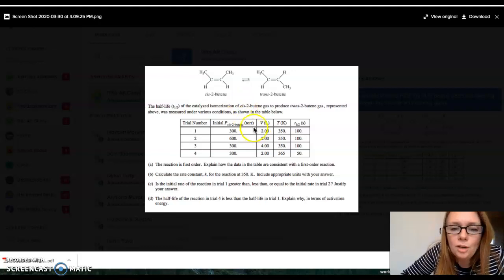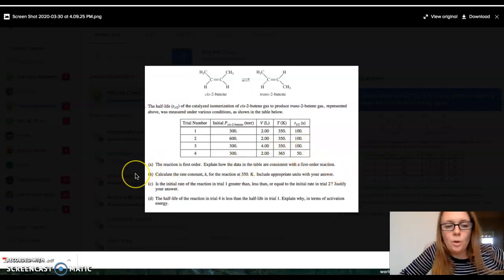Okay, so we are given a data table that has 4 trials, each with initial pressures of cis-butene. They give us the pressure in torr for the starting material, and then we also have the volume, the temperature that the experiment was done at, and the half-life for that isomerization. Trial 4 is different because it's done at a different temperature, so a different half-life.